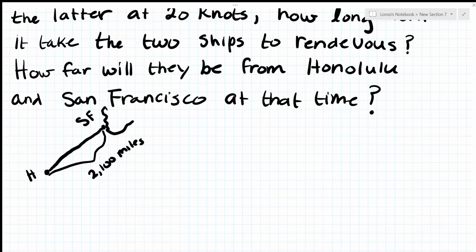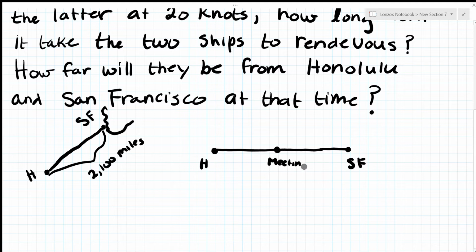And then let me draw it on a number line. So here's Honolulu, here's San Francisco. Here's where they're going to meet, right in the middle, so this is the meeting.